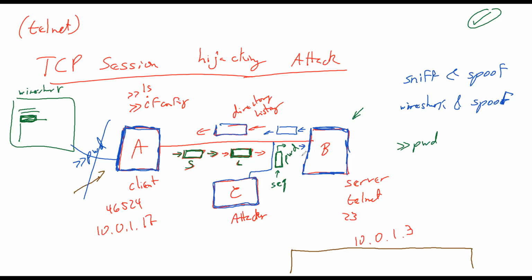And then the server replies with the result of PWD, that working directory, but it doesn't send it to the attacker. It sends it back to the client. So the client will get PWD's results even though it never asked for it. Make sense?